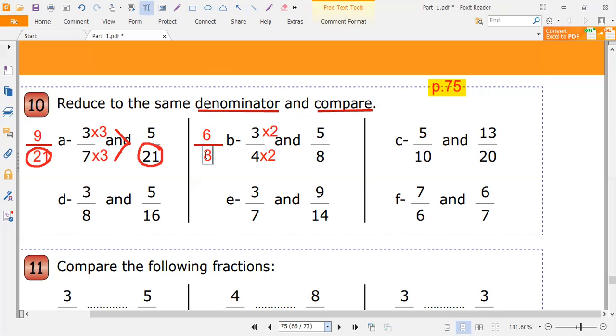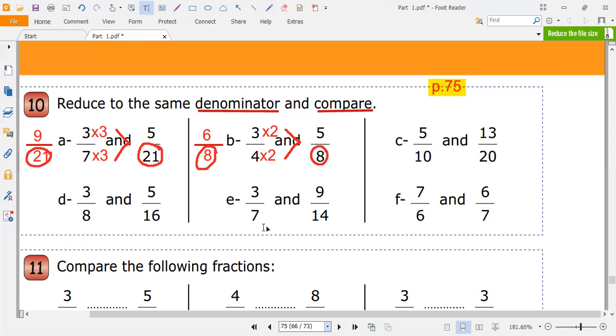So now we get two fractions with the same denominator. They have the same denominator, so now we can compare the fractions. So 6 is greater than 5, so 6/8 is greater than 5/8.